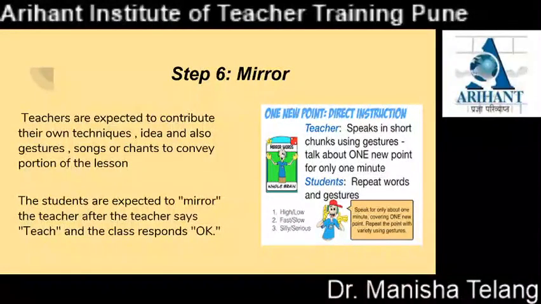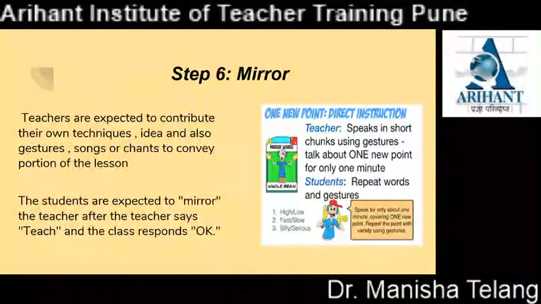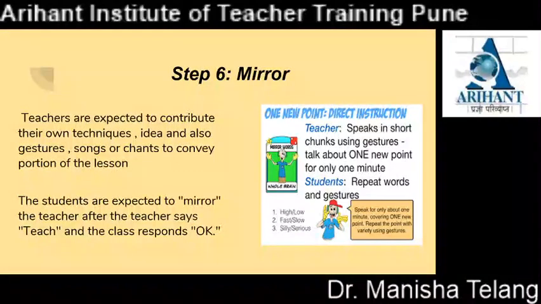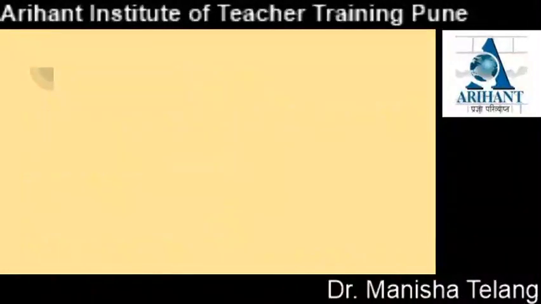Teachers have to incorporate their own gestures and songs in this portion of the lesson, and the students are expected to mirror the teacher after the teacher says "teach" and the class responds "okay." This step is useful to facilitate the students' engagement.